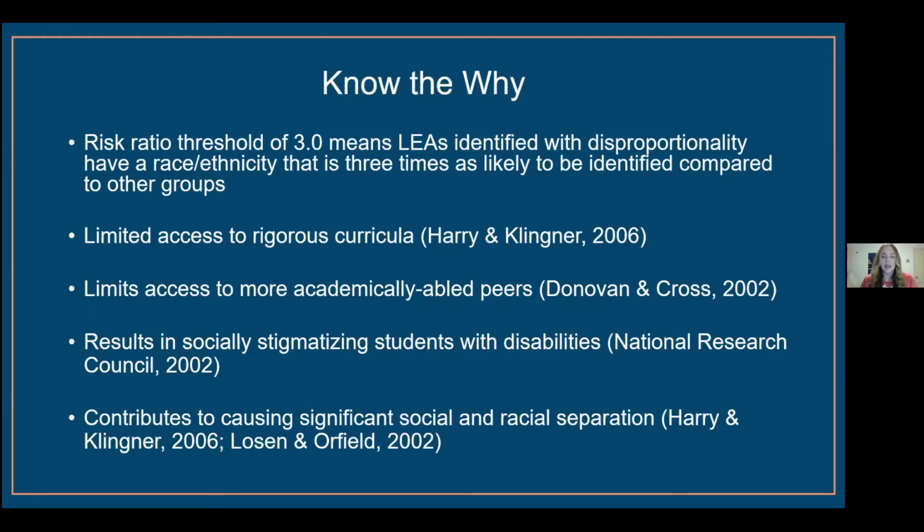But besides that, if you're over-identifying and perhaps incorrectly, not always, but if so, there's limited access to rigorous curricula for those students and academically able peers. There's also stigmatization with this, and it can cause racial and social separation. So all things to consider when you're thinking about why we're doing this.